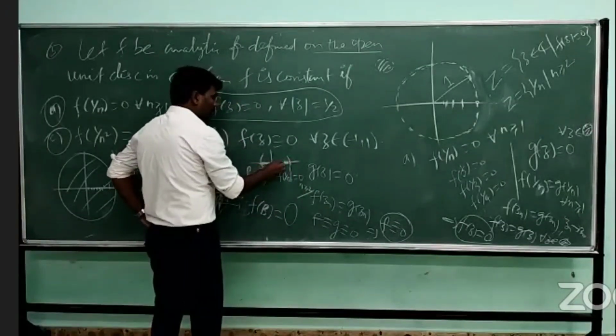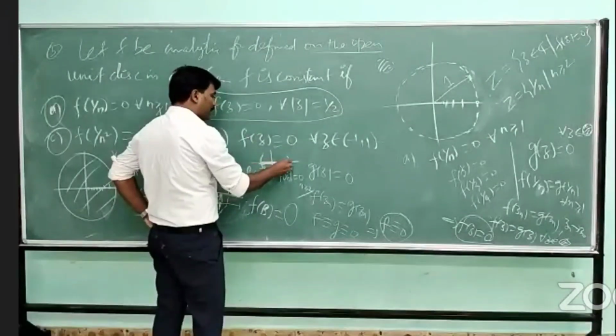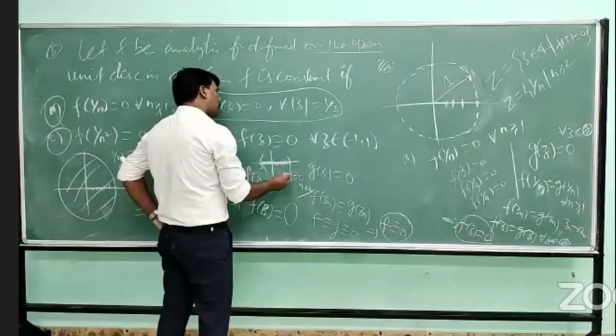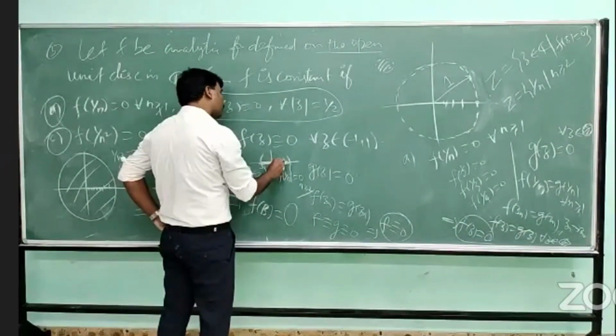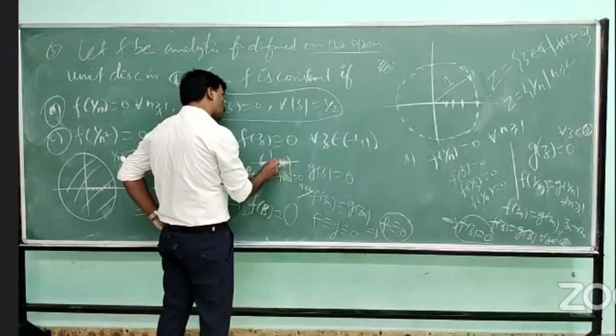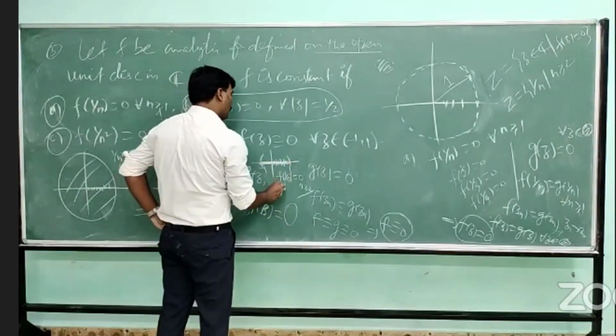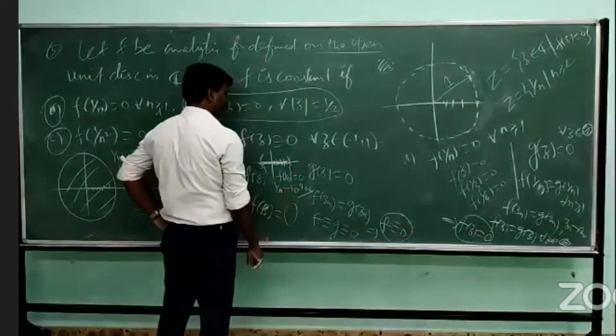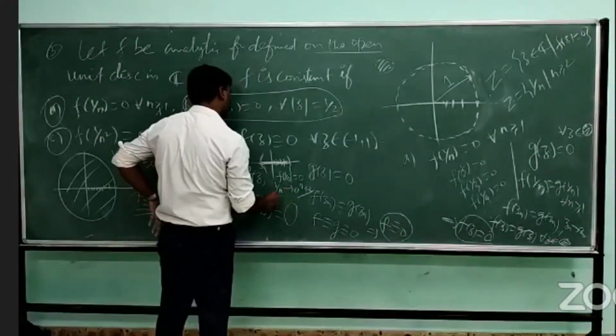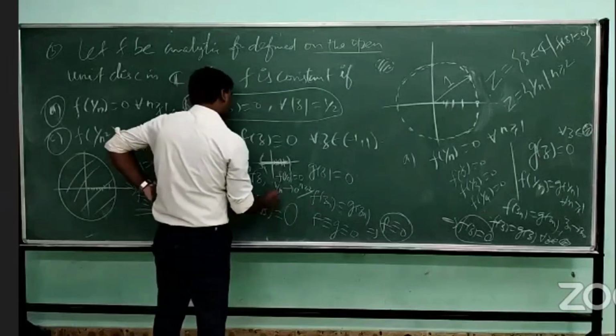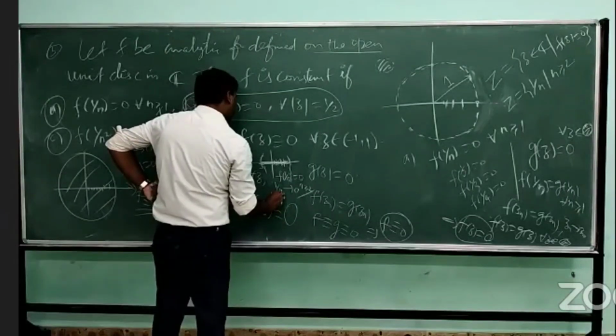So every point on the line, f is vanishing. In particular, 1 by 2, 1 by 3, 1 by 5, 1 by 6, 1 by 7, and so on. All these points are also 0. Now f vanishes at 1 by n, and also 1 by n goes to 0. By the uniqueness theorem, f is identically 0.